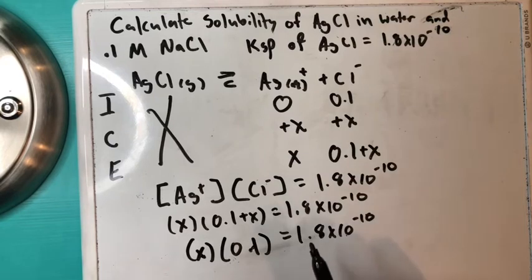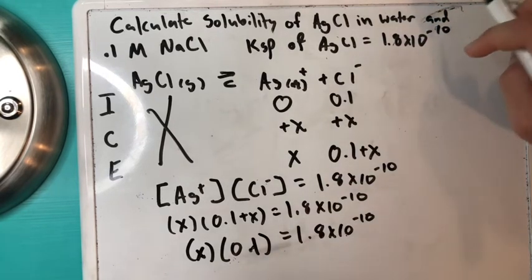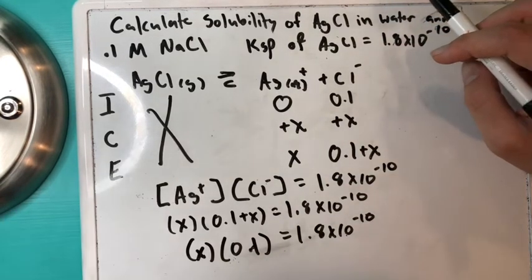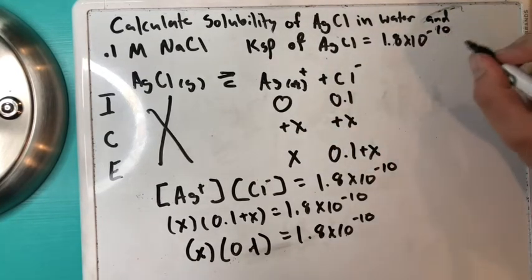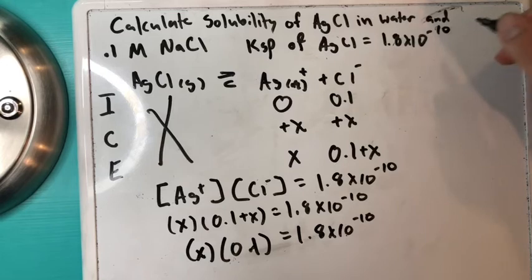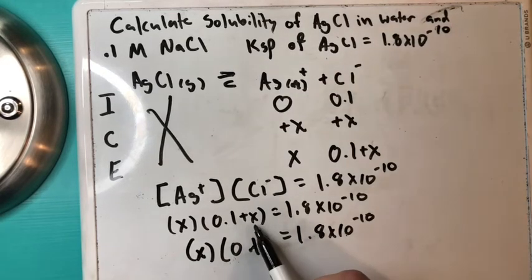So again, the reason why we did that is since the KSP of AgCl is so low, our X value we can kind of predict is going to be tiny because it's 1.8 times 10 to the negative 10th. So this X that's getting added, since it's going to be such a small number, it really doesn't matter. So we can just kind of pretend like it doesn't exist and just make it this.